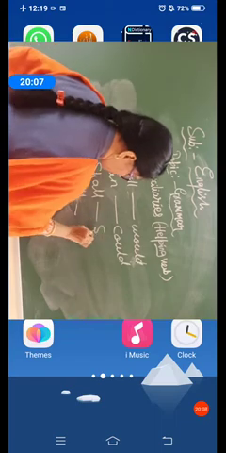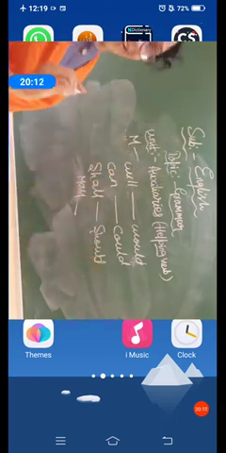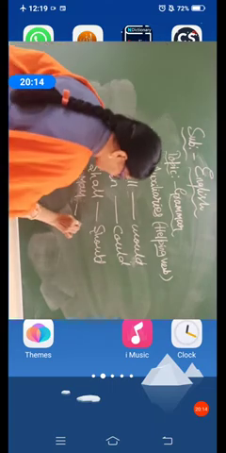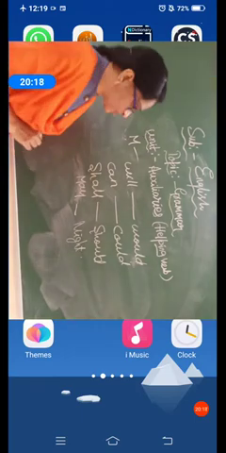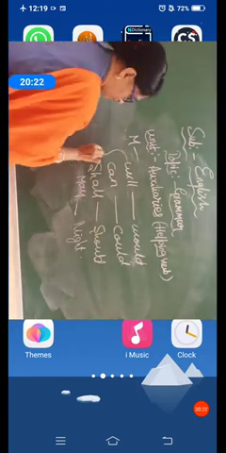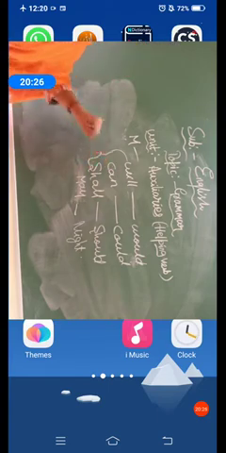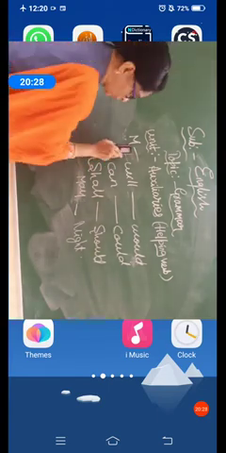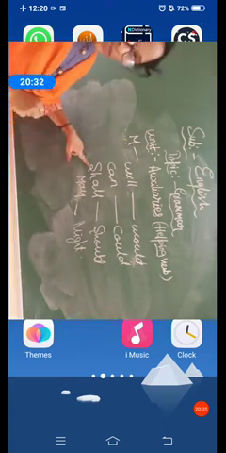Shall, should. May, you can't write as mold, you have to write might. Got it, students? Now will and shall, let us see. These two are used in future tense. The future tense is indicated with will and shall.